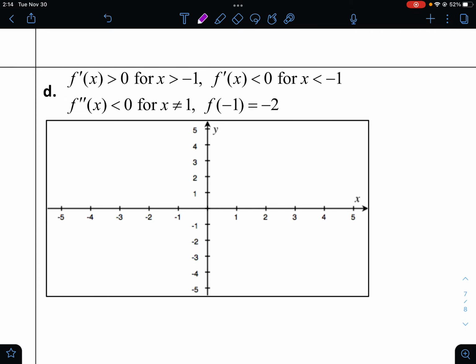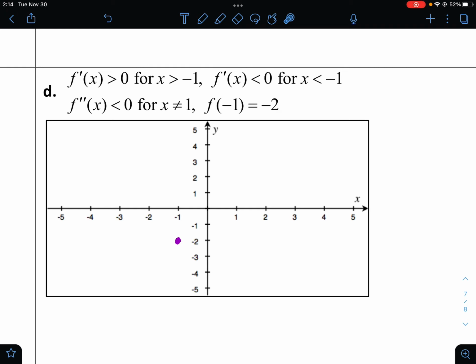On this one, we got f of negative 1 is negative 2, so negative 1, negative 2. The derivative is positive to the right of negative 1, so increasing. The derivative is negative to the left of negative 1, so decreasing. The second derivative is negative for all x, so this is always concave down.